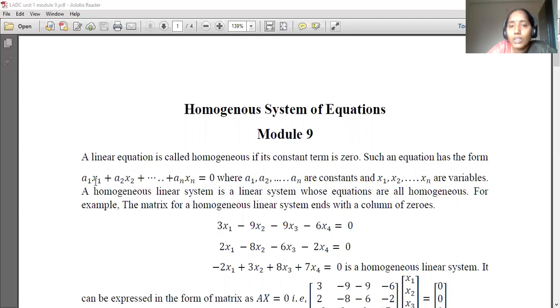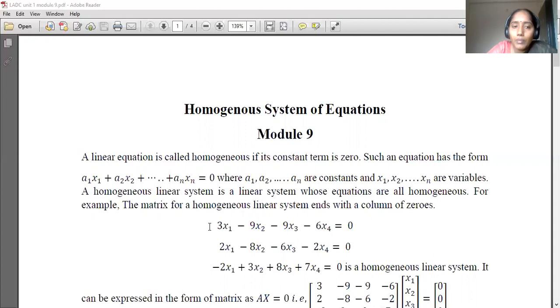Now we are considering a system of homogeneous equations which are linear, that means first degree equations which are homogeneous. A homogeneous linear system is a linear system whose equations are all homogeneous.